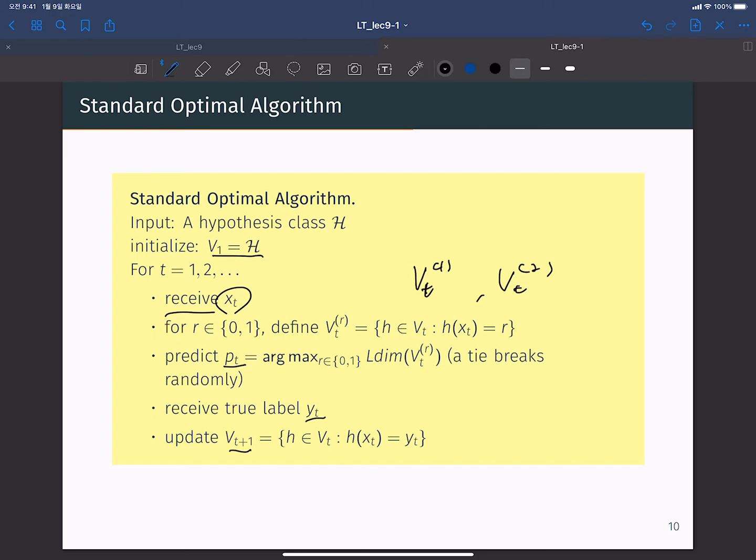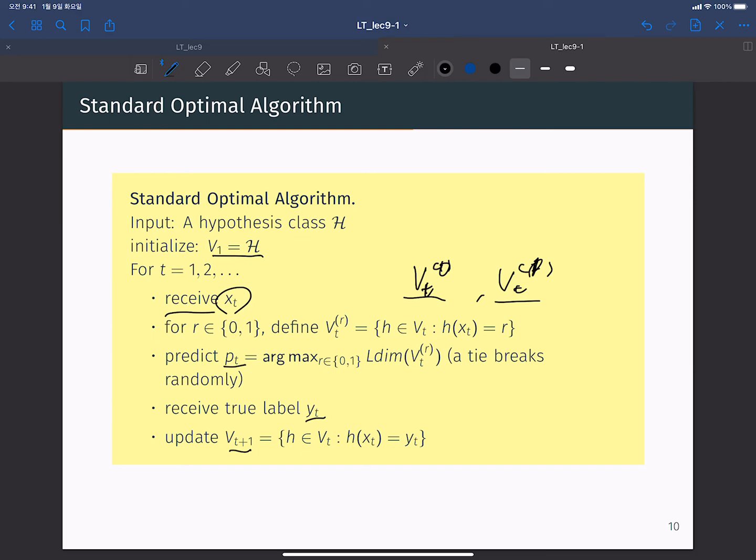In the previous case, for the finite hypothesis case, we simply checked the cardinality of Vt0 and the cardinality of Vt1 and followed the majority. If the Vt1 cardinality is higher than the Vt0 cardinality, then we choose 1 as the output.